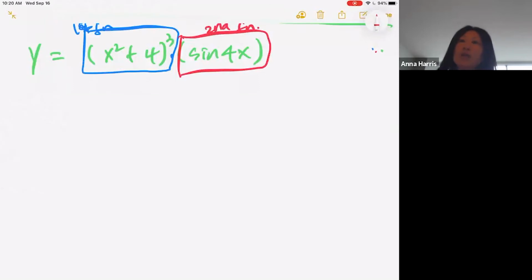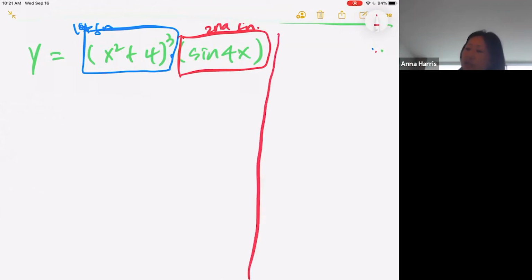Okay, so yesterday we liked to call the first function f and the second function what? g. So that's what I'm gonna do. I'm gonna stay with the same convention we've been using. So I say, okay, my first function, f, is equal to x squared plus 4, to the third.